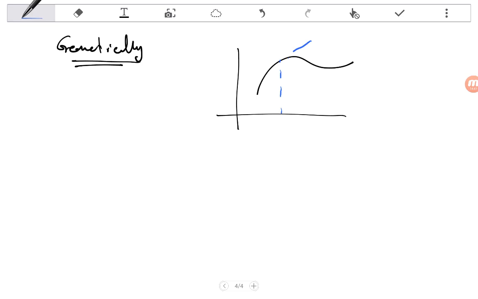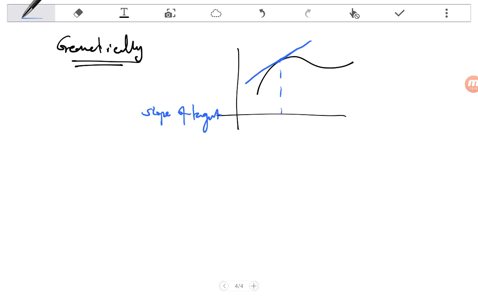We know that it is the rate of change, but graphically it is the slope of the tangent. The slope of the tangent is exactly the number that represents the rate of change, which has some physical meaning to us. But geometrically in the graph, it is the slope of the tangent.